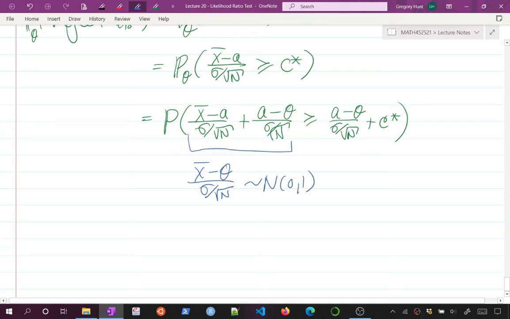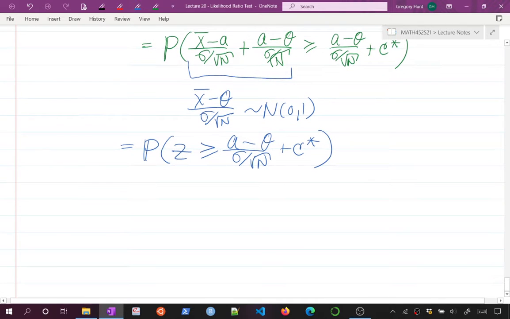X bar is normal with mean theta and variance sigma squared over n, and so if I standardize it, this thing is standard normal, and so we could rewrite this as the probability that, let's say, Z is bigger than or equal to (a minus theta) over sigma over root n plus c star.